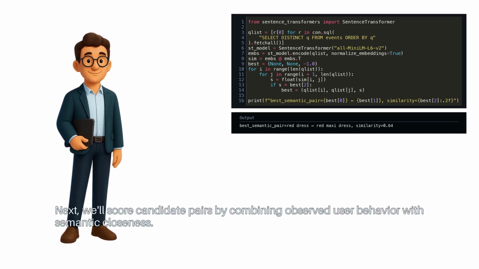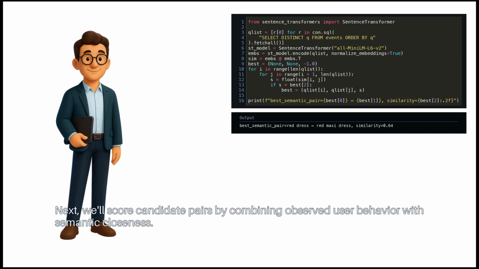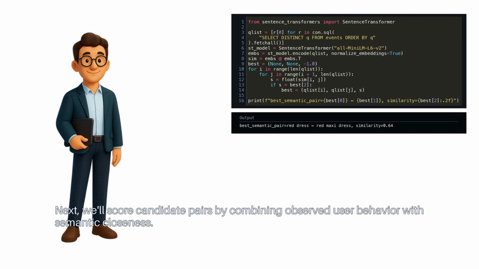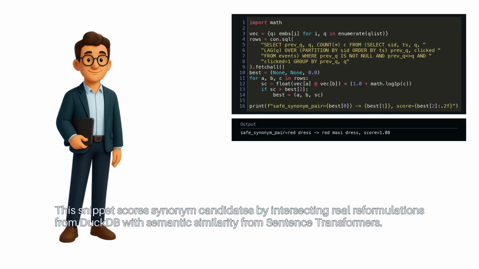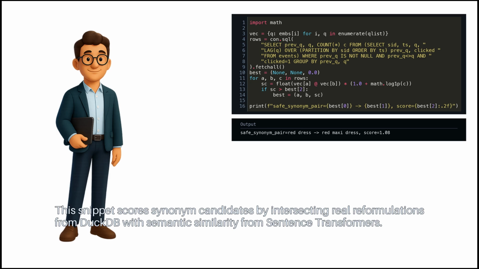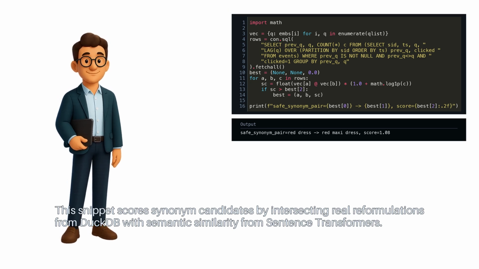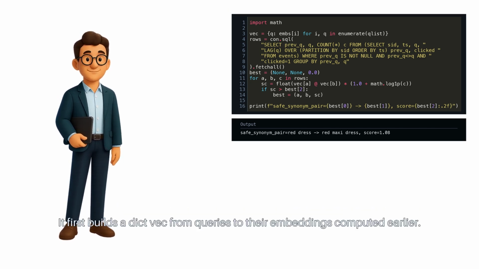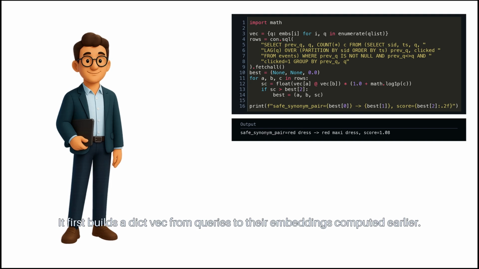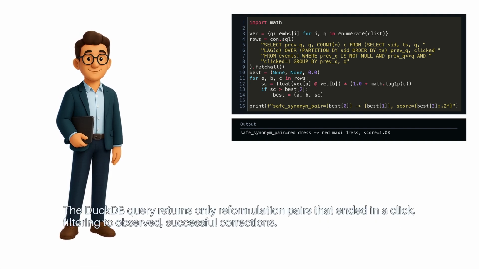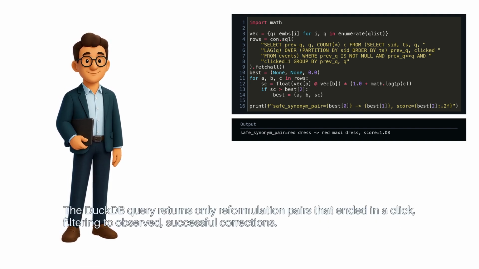Next, we'll score candidate pairs by combining observed user behavior with semantic closeness. This snippet scores synonym candidates by intersecting real reformulations from DuckDB with semantic similarity from SentenceTransformers. It first builds a dict vec from queries to their embeddings computed earlier. The DuckDB query returns only reformulation pairs that ended in a click, filtering to observed successful corrections.